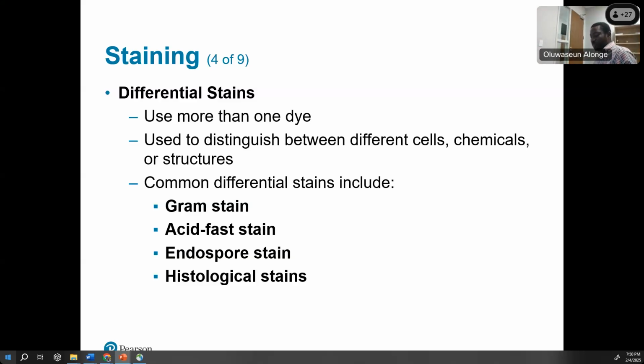Now, the reason they do that is because the gram-positive bacteria have what we call peptidoglycan. Both of them have peptidoglycan, but the peptidoglycan is what dominates the cell wall of gram-positive bacteria. About 90% of their cell wall is peptidoglycan, and because of that, they pick up that gram stain.